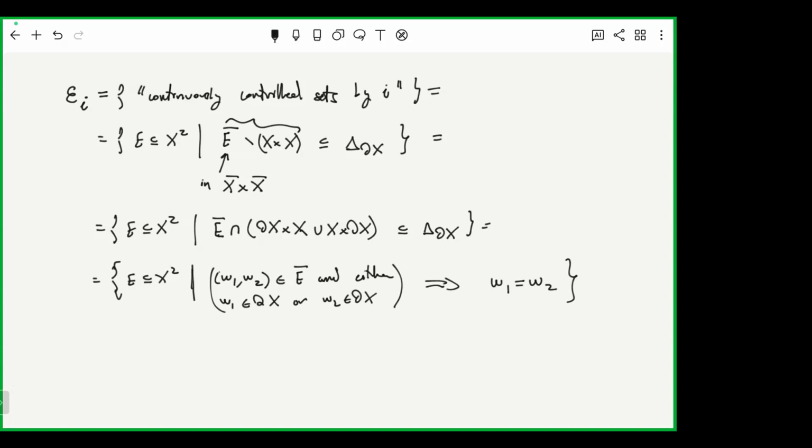When I'm getting to infinity, the components have to be the same.